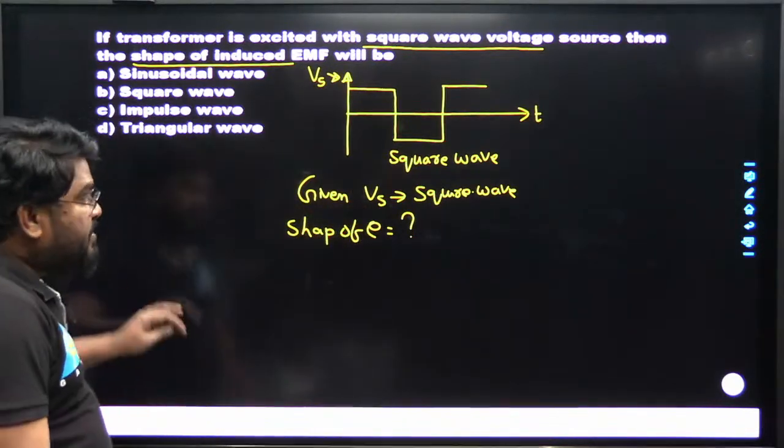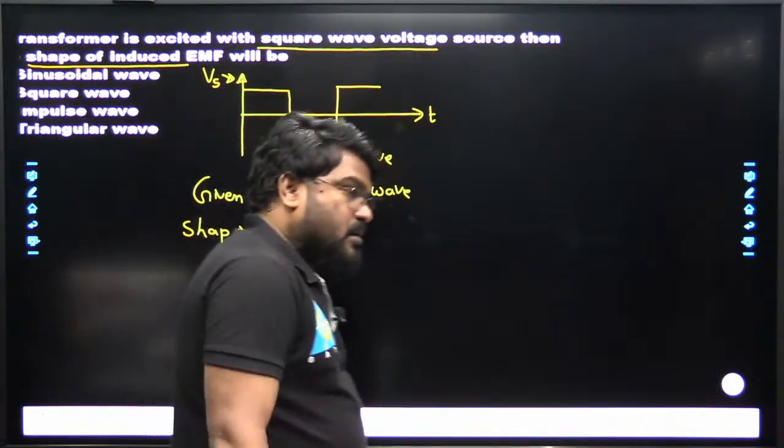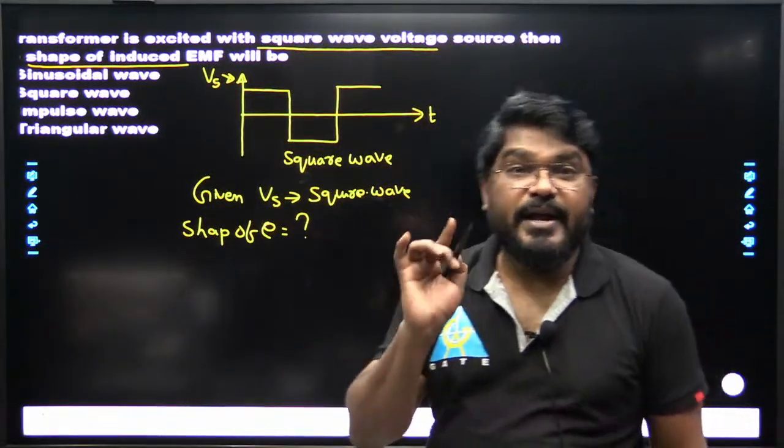So how do we find out the shape of the induced EMF? We know that the transformer is of pure inductive nature.